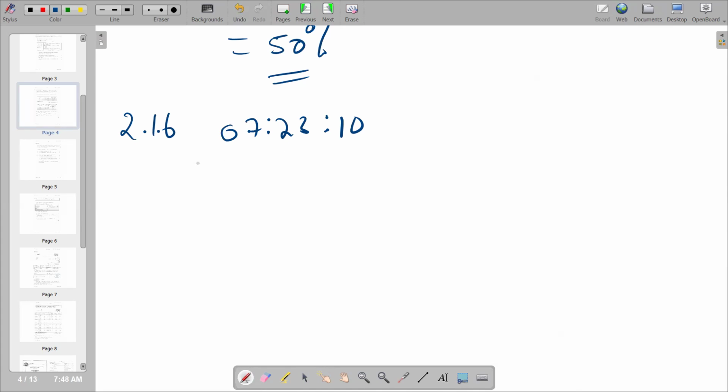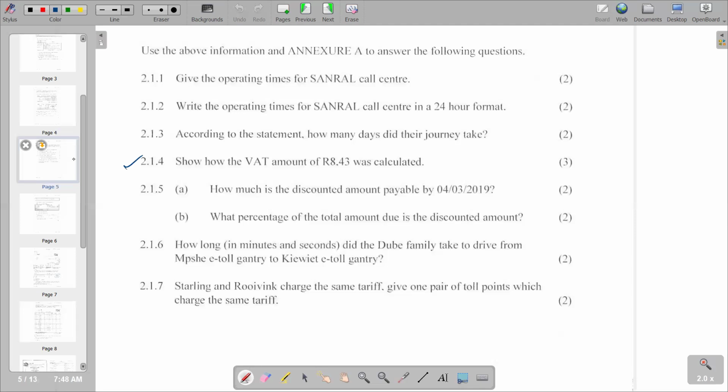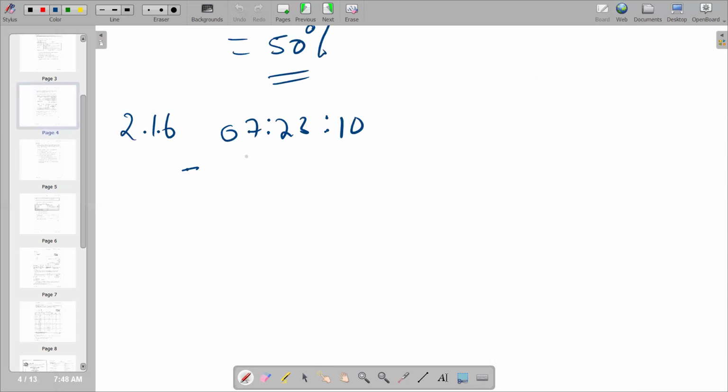07:23:10, and then obviously we are supposed to subtract. For Misfe Ito it is 07:14:29.